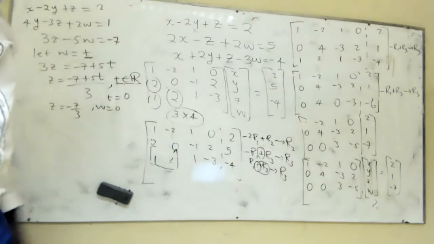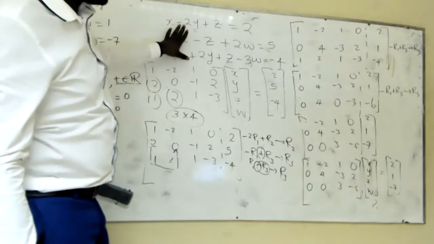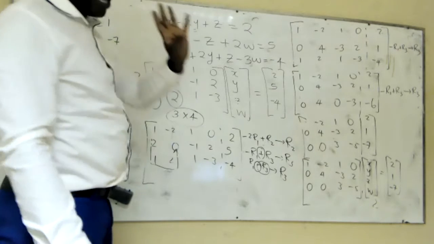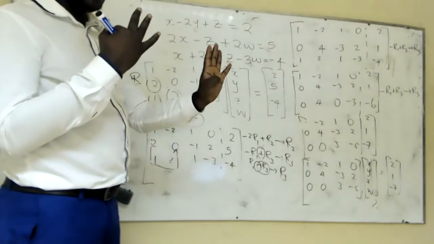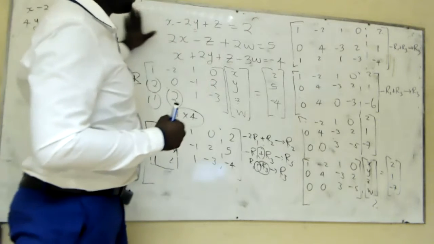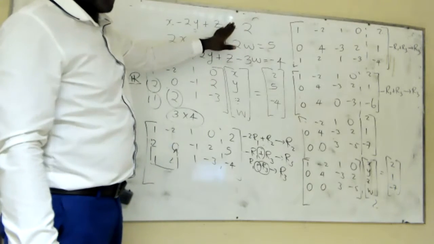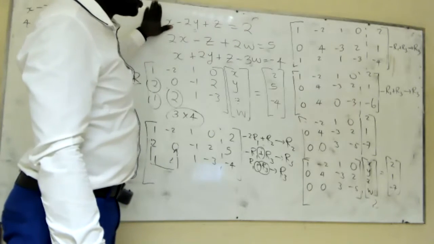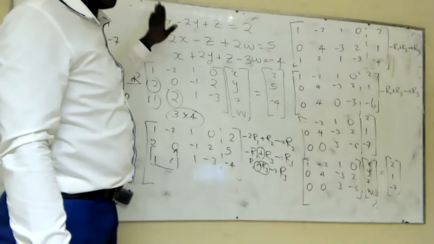Why is that the case? Because we have 4 unknowns and 3 equations. In grade 12, if we have such kind of situation, we say this equation is not solvable. Why? Because the number of equations are not the same as the number of unknowns.